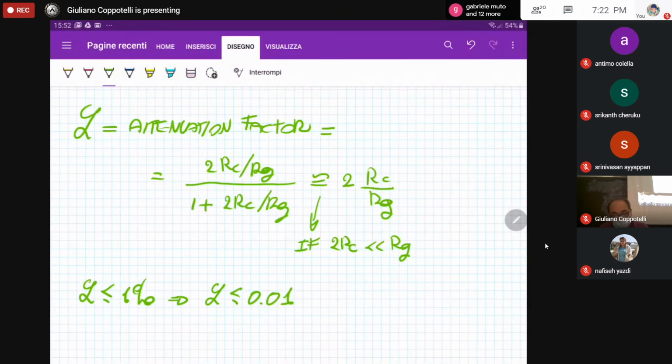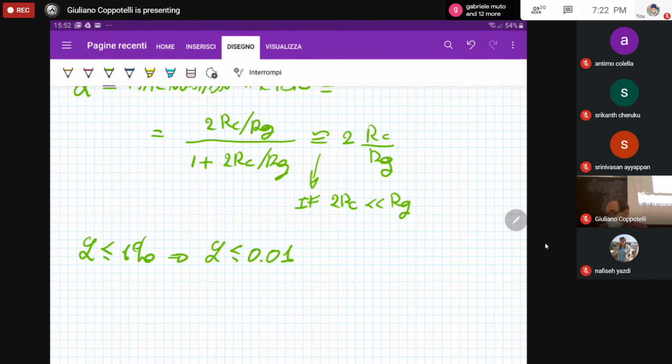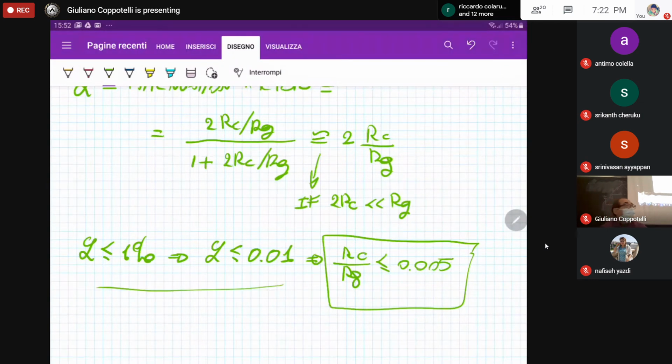That is, your ratio between Rc over Rg should be less than 0.005. And here is the way of using this information.